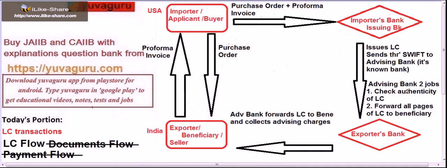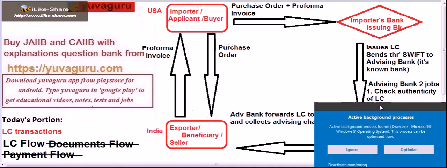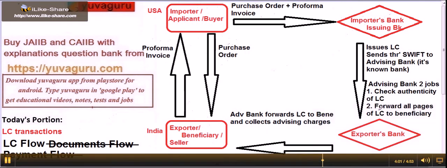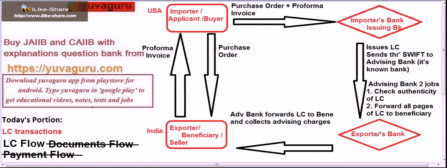So it checks the authenticity, and number two, it checks all the documents received in the LC, bundles these documents and sends them to the beneficiary. Once it sends, it collects the charges, which are called advising charges. So remember, the advising bank's job is two parts, these two.